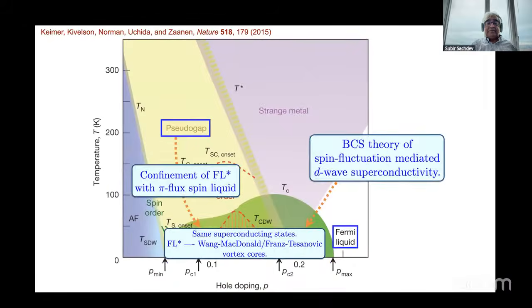And then coming from the pseudogap, the more precise theory is that of a pi flux spin liquid. This connects very nicely to the low temperature d-wave superconducting state, giving you the same state as in BCS theory, but with different vortex cores.